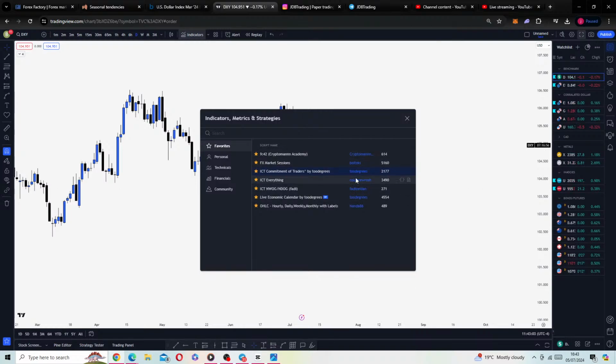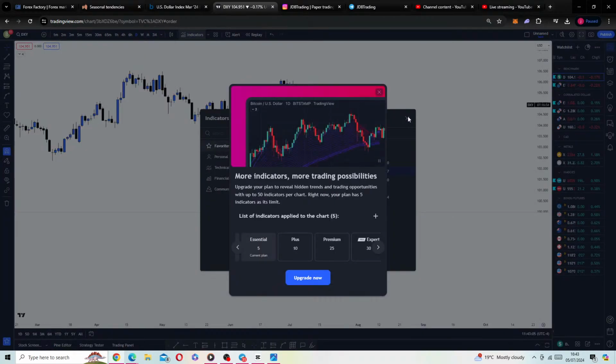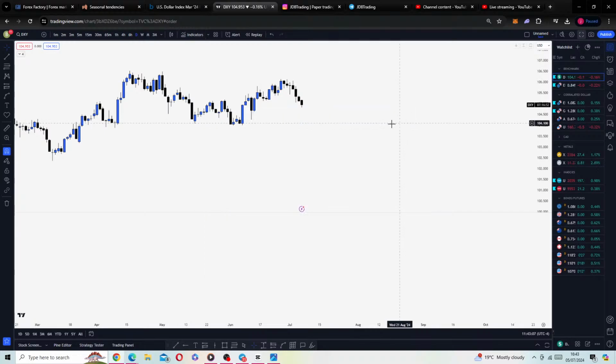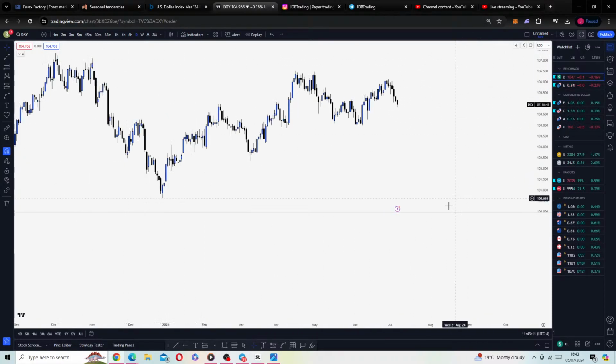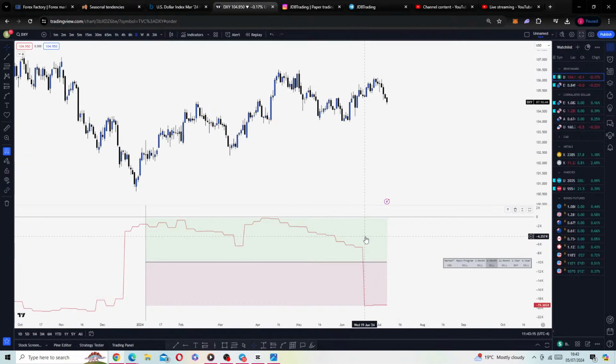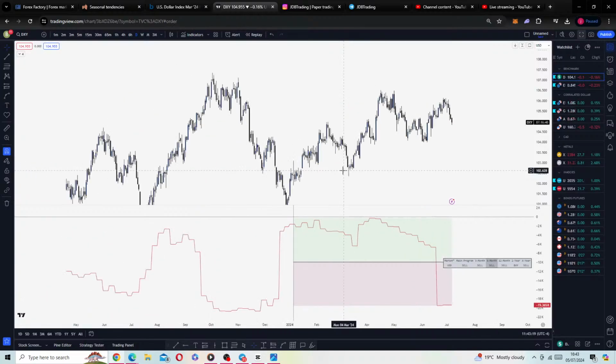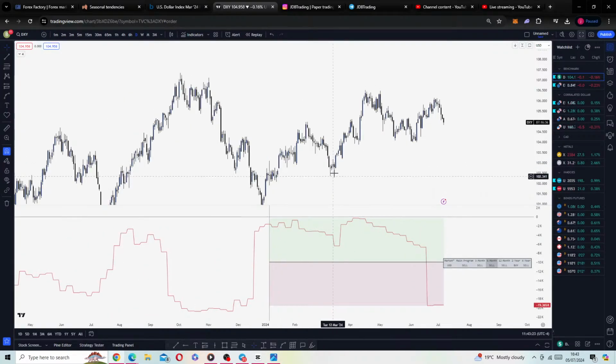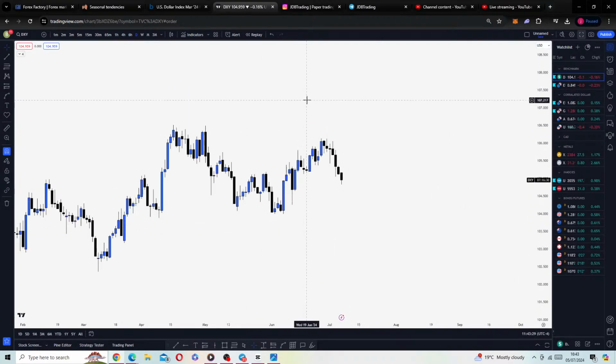Sorry, diddly daddling. Here we go. So daily, an increase in shorts right here by a lot. I'm not going to get into COT data right now, but you get what I mean. So that's it for today.